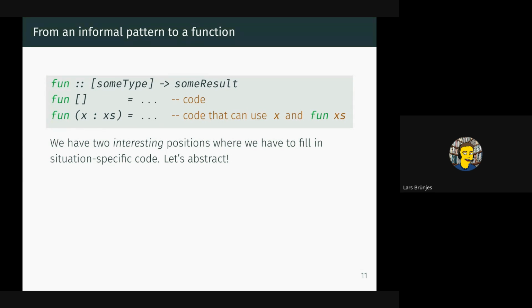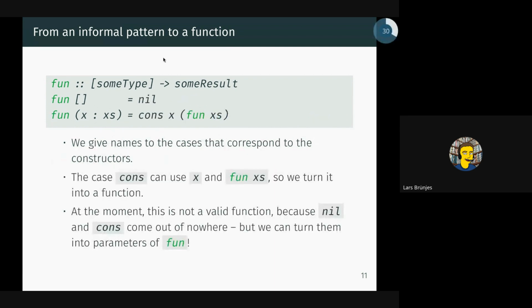So the first step is let's give that names. So we call this nil and this cons, because that's the traditional names for the empty list and the cons case. But of course, you can pick arbitrary names. So instead of the dots we write nil and cons. And as we said before, this cons can make use of the head and recursively applying the function we are trying to define to the tail.